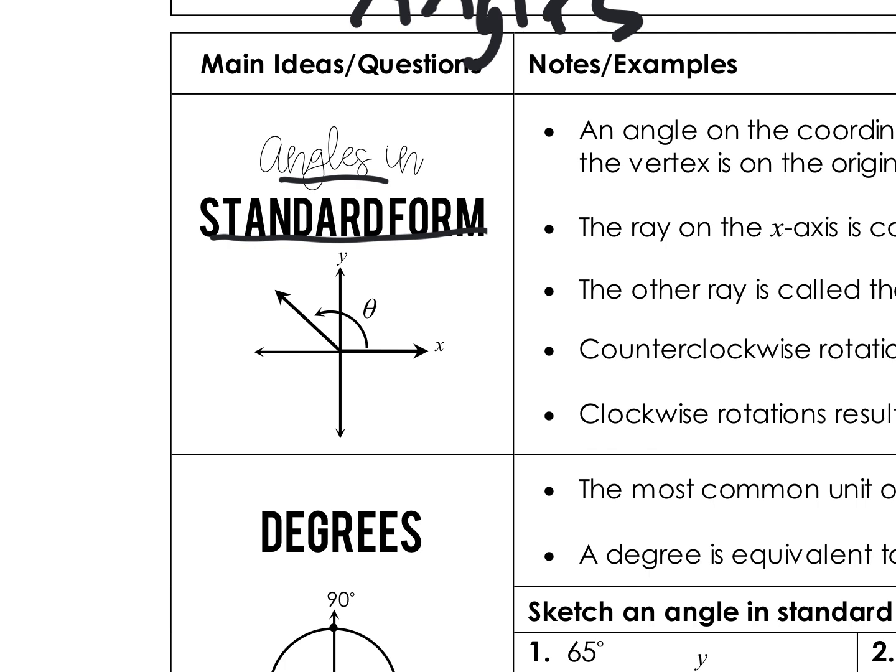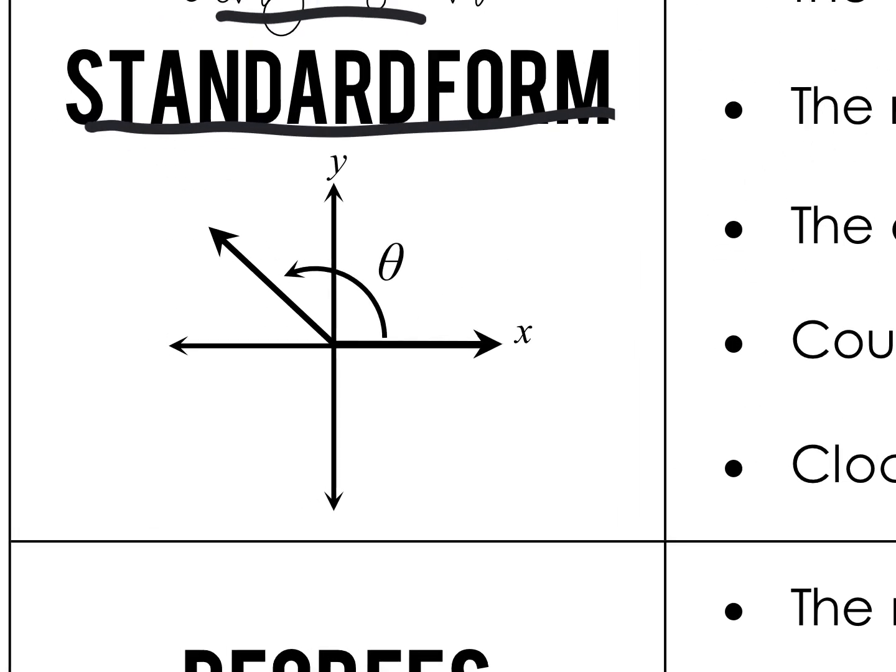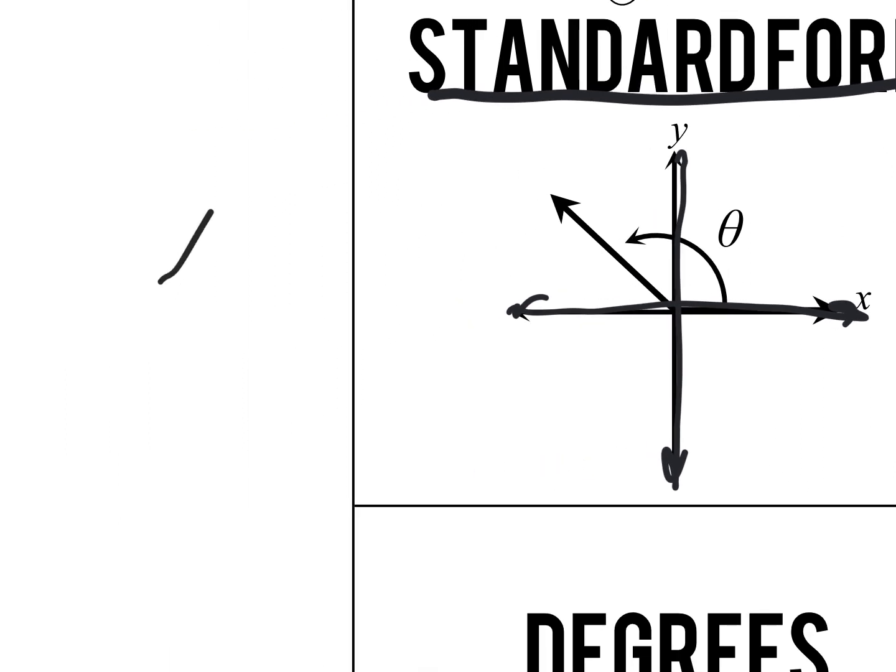Angles, angles, angles. And the standard form is you have your XY plane. You always want to think about your angle having two legs, because in geometry, you learn that if that's an angle, then these two things are called legs.